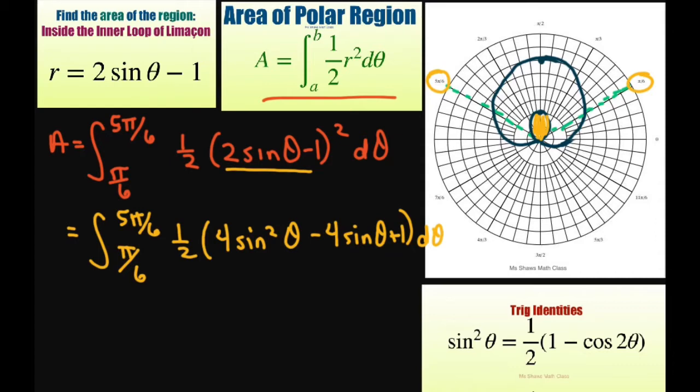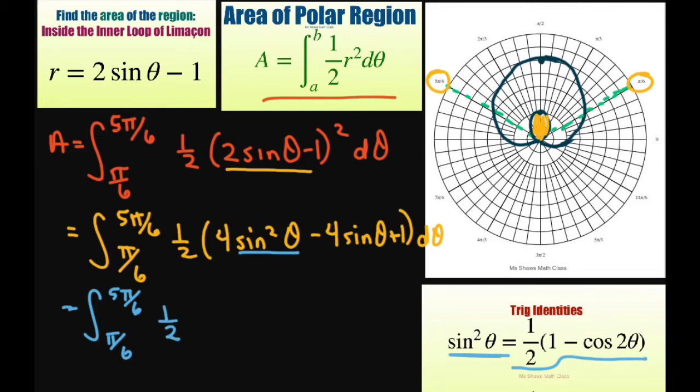For our integration, it's very helpful if we can rewrite sine squared of theta using this trig identity. So that's what I'm going to do for this part right here. I'm going to have my integral from pi divided by 6 to 5 pi divided by 6. We could multiply through, but let's keep everything together.